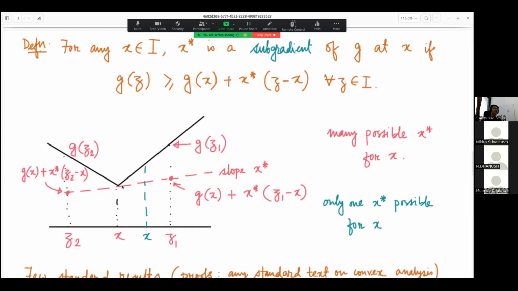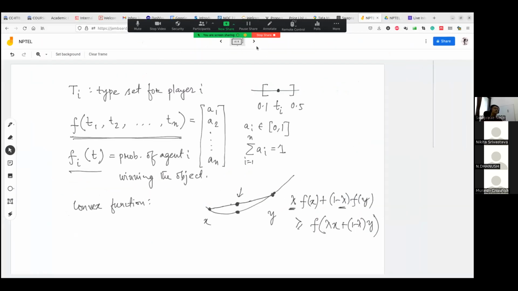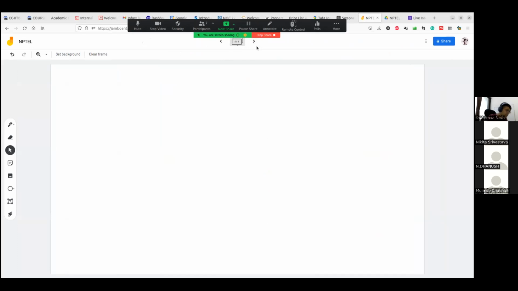So as we have drawn, let me go back again to the working. Let's go to the next page. Suppose we take that function, and this is a specific subgradient. This can be one subgradient, but similarly there can be another subgradient which is slightly different.